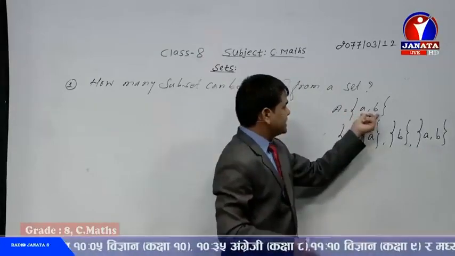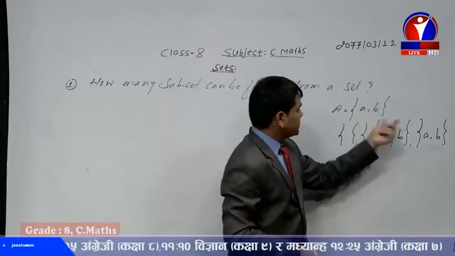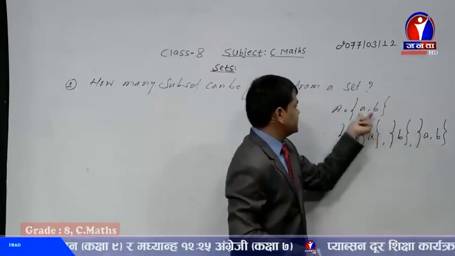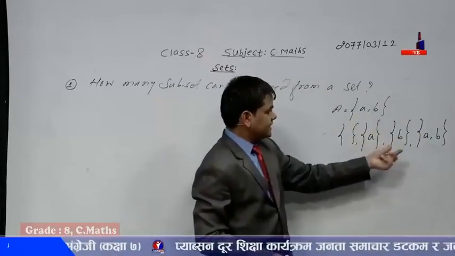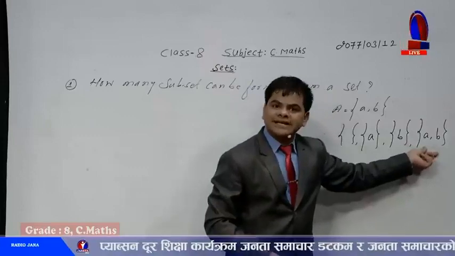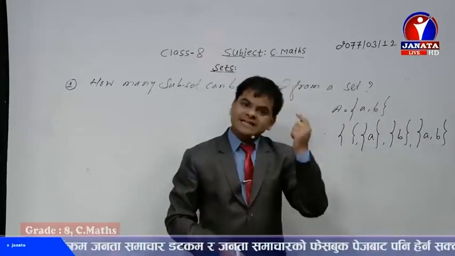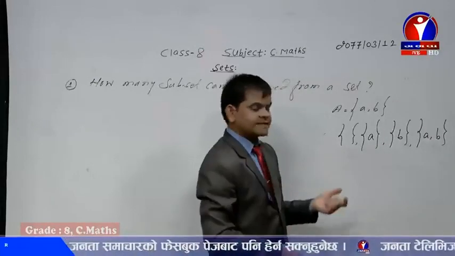So if you see this set and this subset, both have the same elements, and both have an equal number of elements. Here are 2 elements, here are also 2 elements. In such cases, that type of subset is known as an improper subset. So here is one improper subset. In each and every set, dear students, there will be only one improper subset, not more than one.